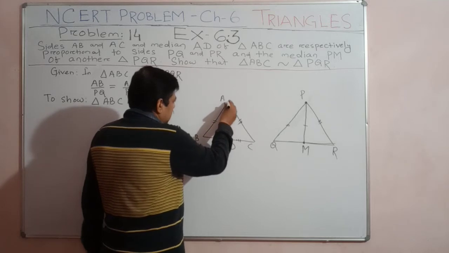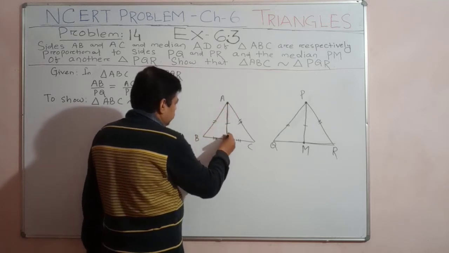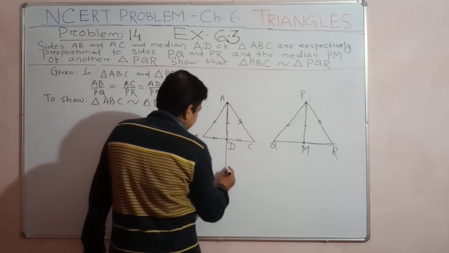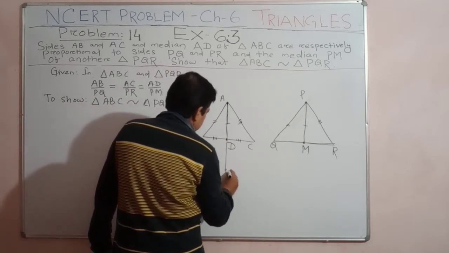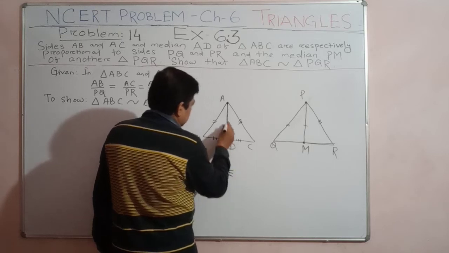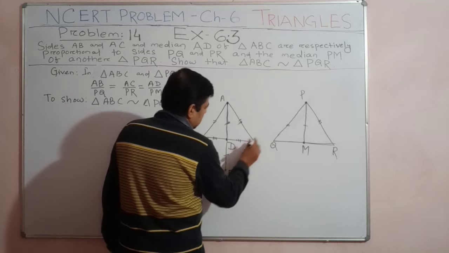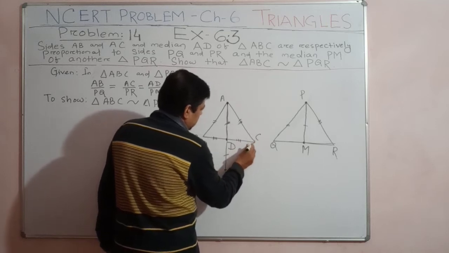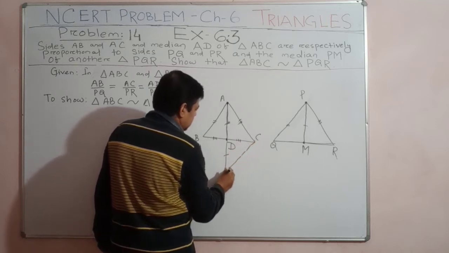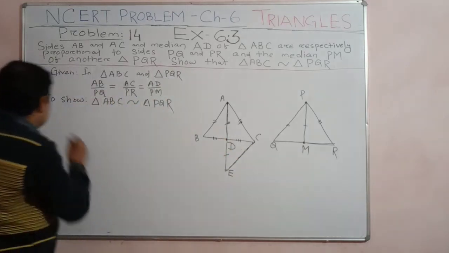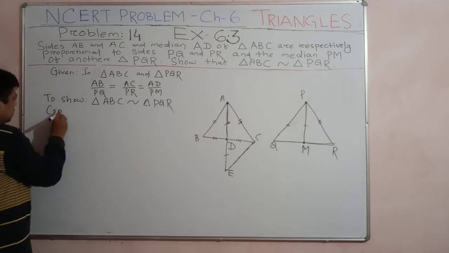What will happen? Let AD be produced up to the point E, such that AD is equal to DE, and join CE. Is it clear? So let us write the construction.